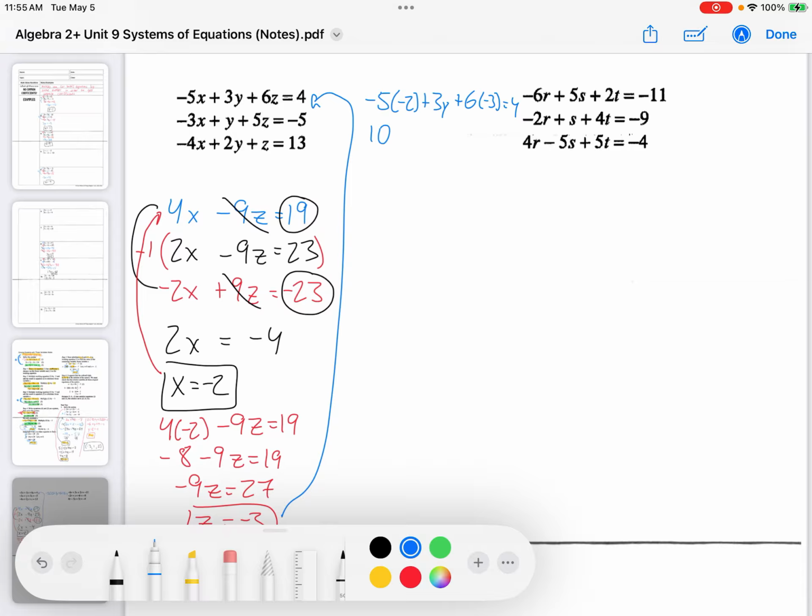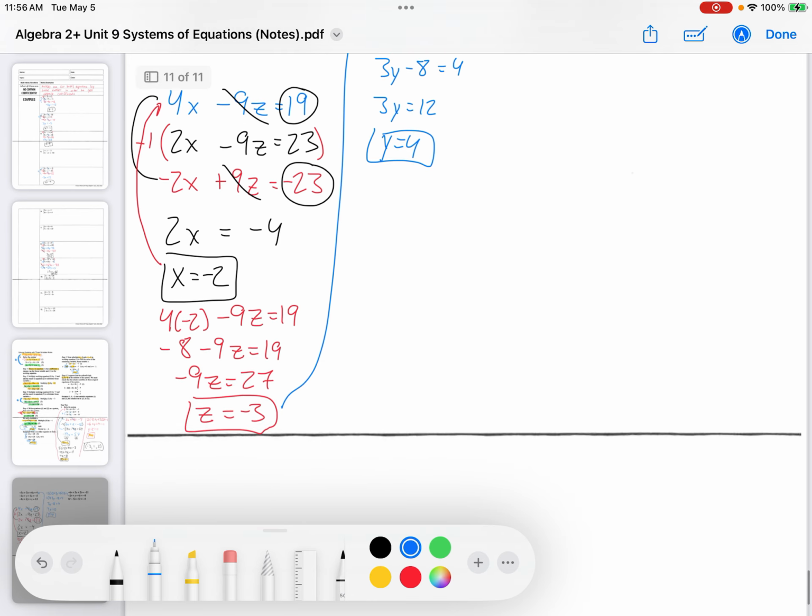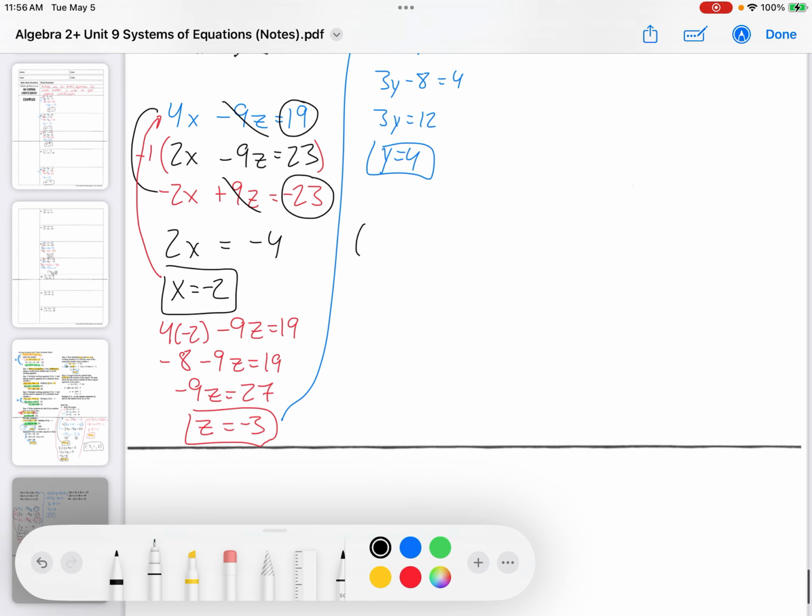So that would give me 10 plus 3y minus 18 equals 4, which means 3y minus 8 would equal 4, 3y would equal 12, and y would equal 4. So we've now got the 3 parts of our answer, which is that x is -2, y is 4, and z is -3.